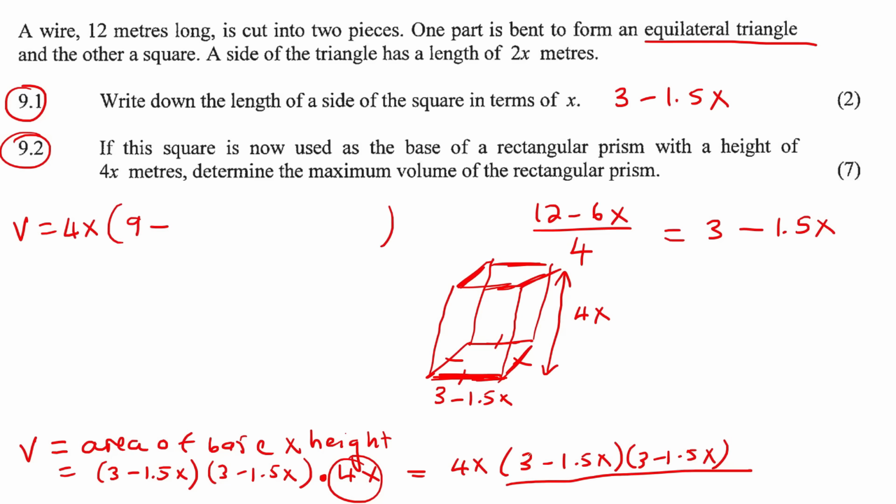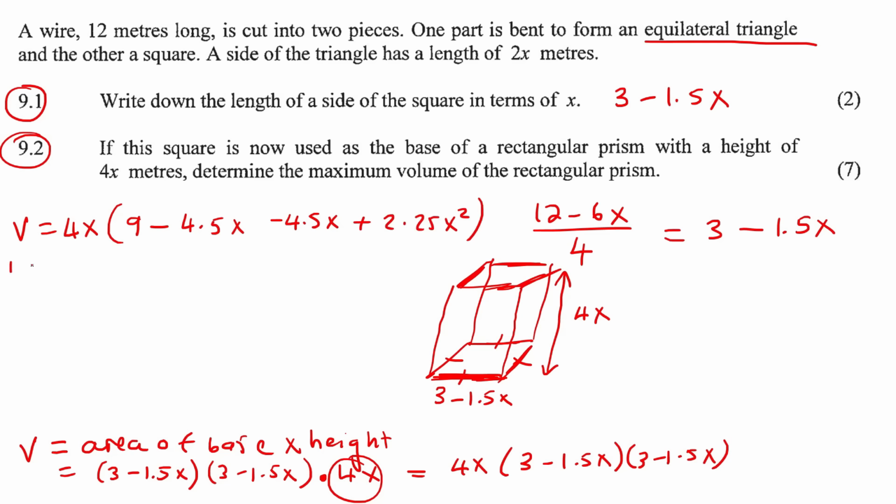So 9, because 3 multiplied by 3. And then take away 3 multiplied by 1.5, which I think is 4.5. Yeah, so minus 4.5x. You could also use fractions like 9 over 2. And then this one's also going to be minus 4.5x. And then we're going to multiply these two together, which would become a positive 2.25x squared.